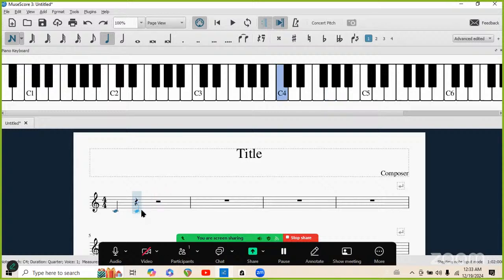Let's go closer to D. Next note is going to be E. Next note is going to be, in the space, F. Next, we're going to go here to G. Then a little higher to A. Then up to B. And C. So just like it sounds, it gradually gets higher.